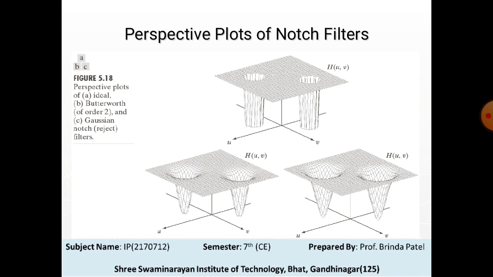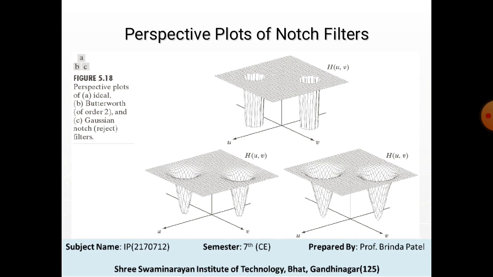Now, notch filters. A notch filter rejects or passes frequencies in predefined neighborhoods about a center frequency. This figure shows 3D plots of ideal, Butterworth and Gaussian notch filters. Due to symmetry of the Fourier transform, notch filters must appear in symmetric pairs about the origin in order to obtain meaningful results.